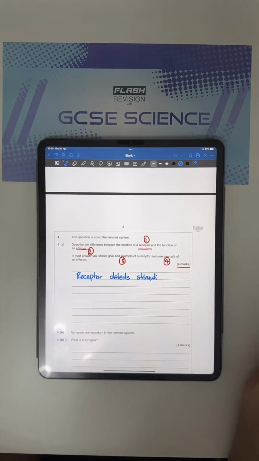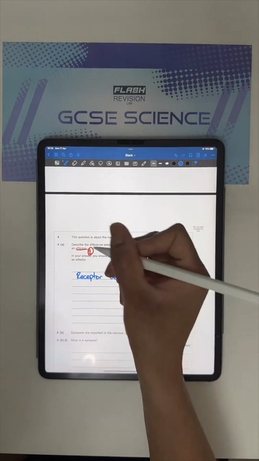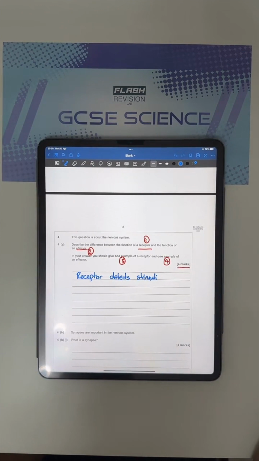So receptor detects stimuli, or you can say change in environment, that's fine. An example of a receptor. Retina, yeah, you can get away with saying retina. So think of all the senses, things that we can sense.